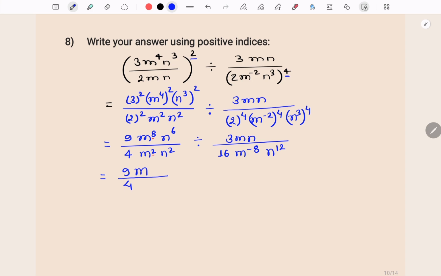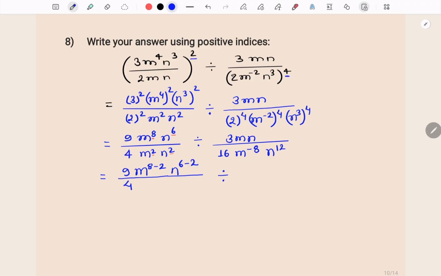And subtract the powers. So 8 minus 2. Alright. Again we have n raised to the power 6 divided by n squared. Keep the base same and subtract the powers. Alright.